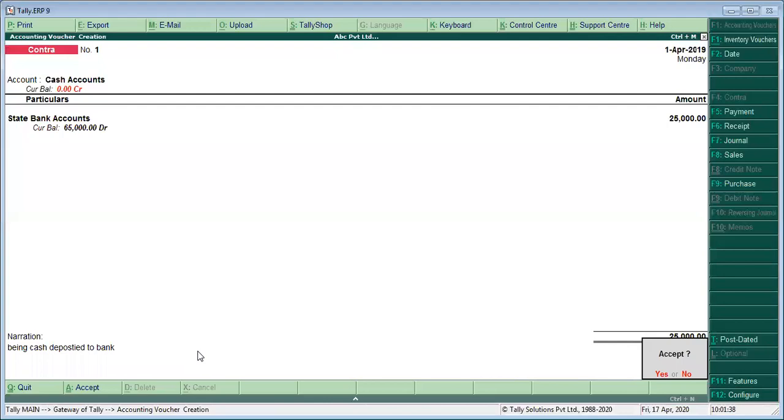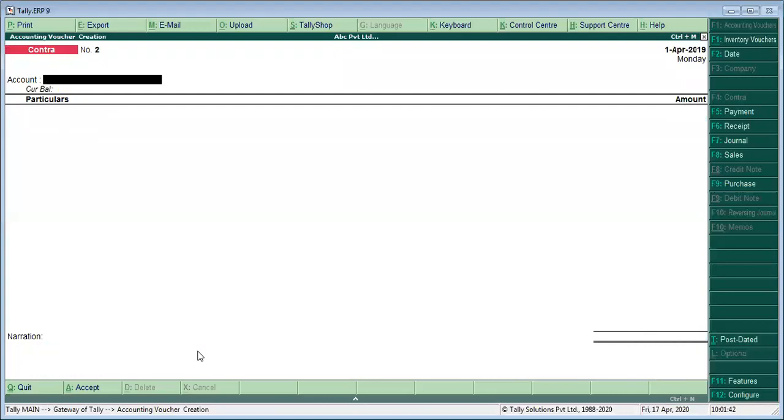Cash accounts is a credit and State Bank accounts is a debit. Click on yes. Okay, this transaction is done. Further, when you process with any kind of transaction, you need to prepare a ledger. Until unless you prepare a ledger, it is impossible to go ahead with this. Clear?